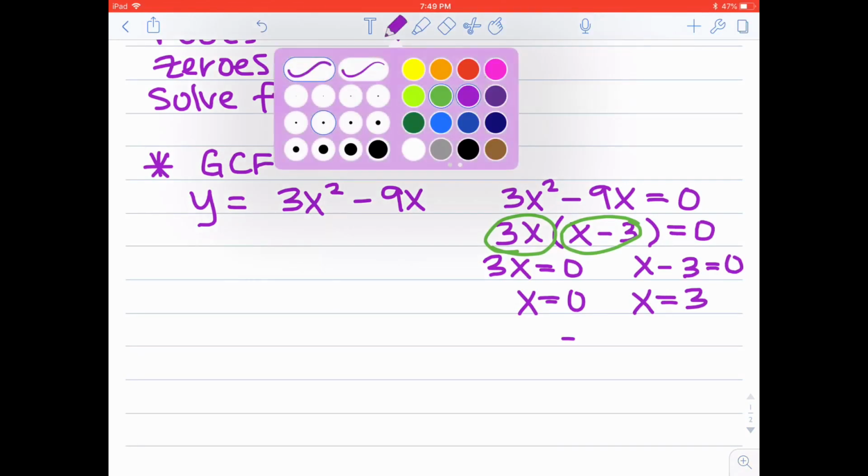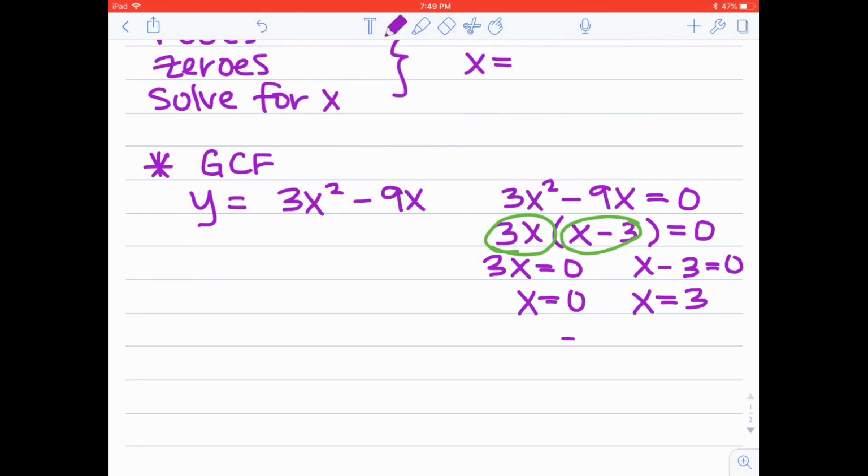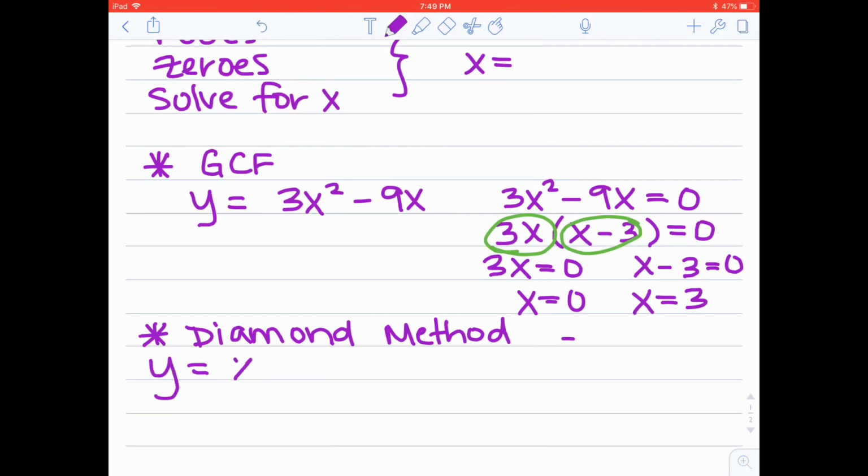We're going to go ahead and do another type of factoring. This type I call the diamond method. Not everyone calls it the diamond method, but pretty much everyone means the same thing by it. So y equals x squared plus 11x plus 30.